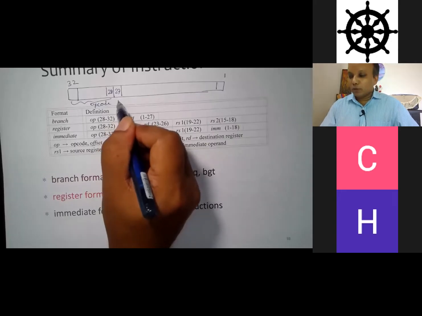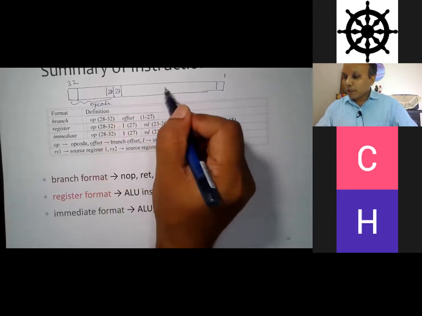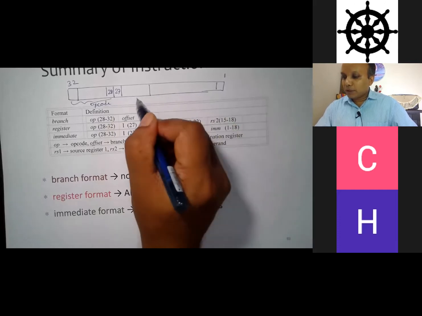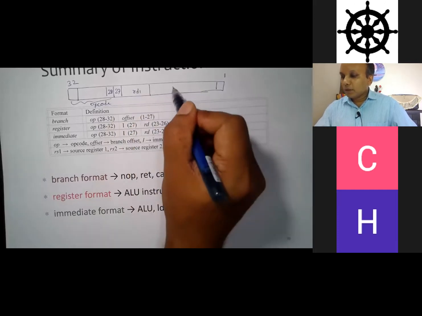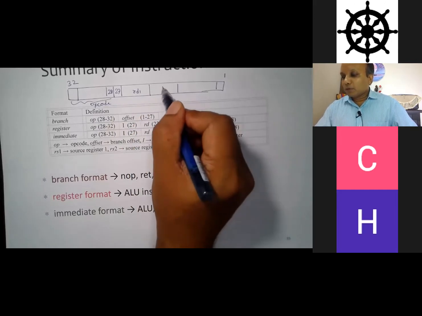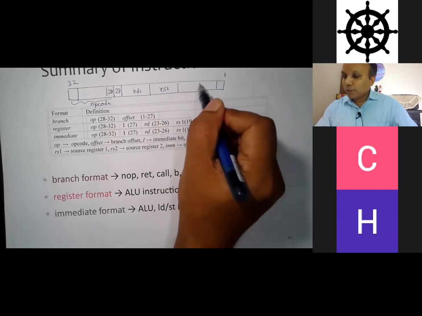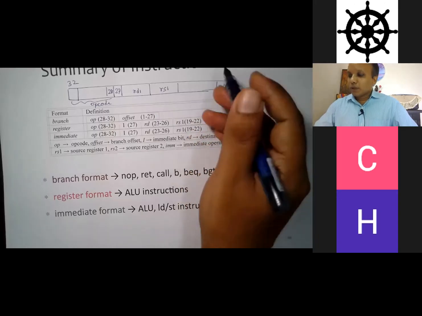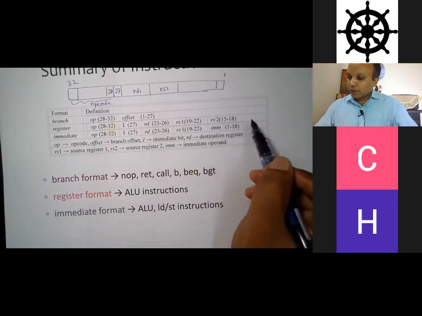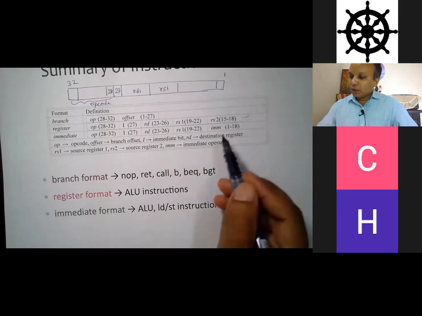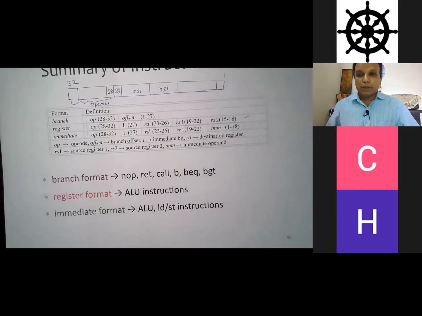If not, then I will be 0. Followed by that, I have 4 bits for destination register, then 4 bits for source register 1 and 4 bits for source register 2. Then you are done with this. If you have an immediate, then you will need to use the rest of the bits. Yes. All right.